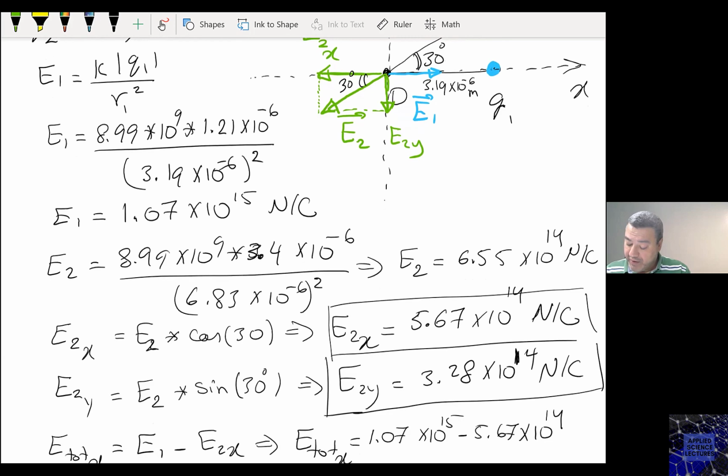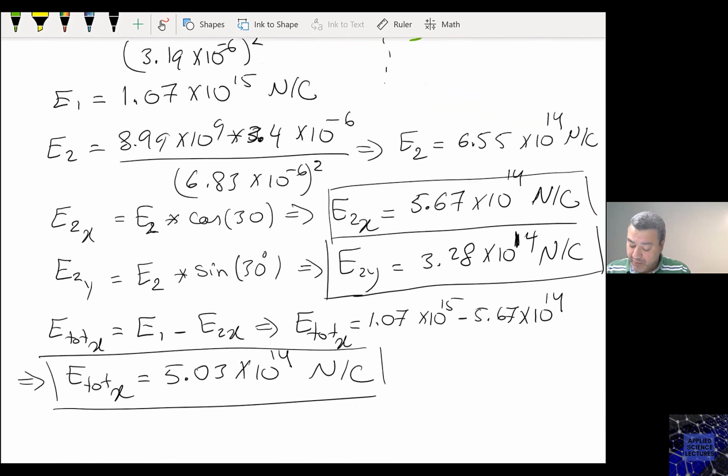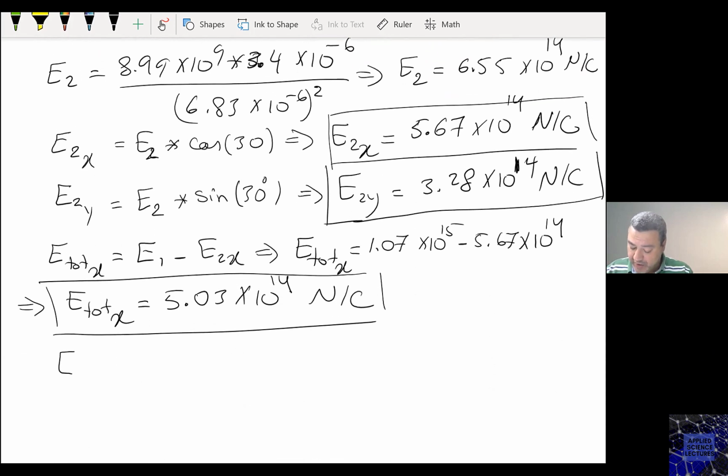So E total Y will be minus 3.28 times 10 to the power 14 Newton per Coulomb.